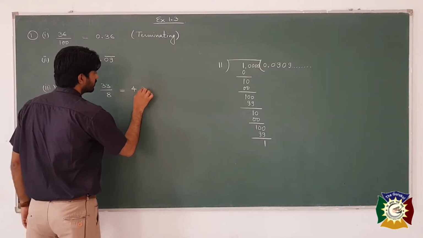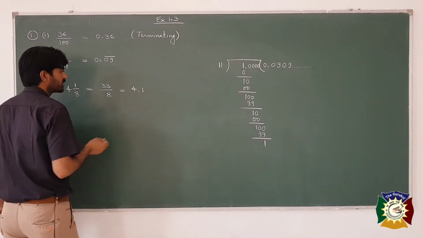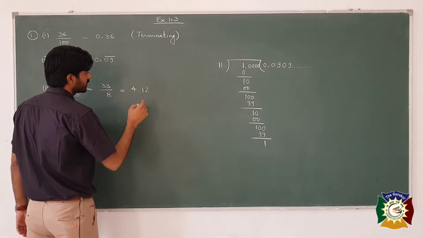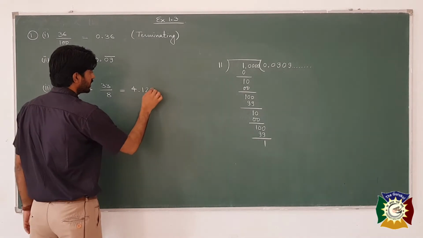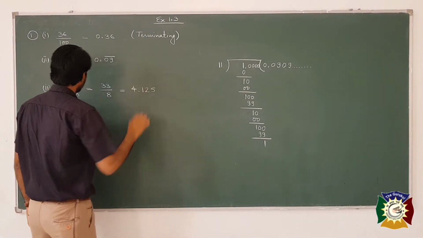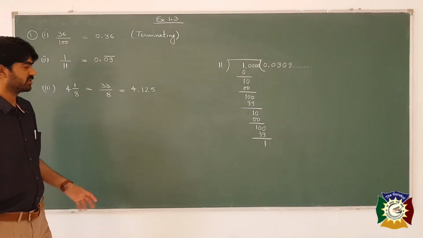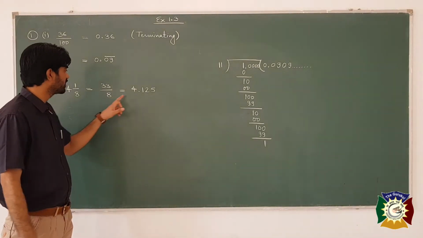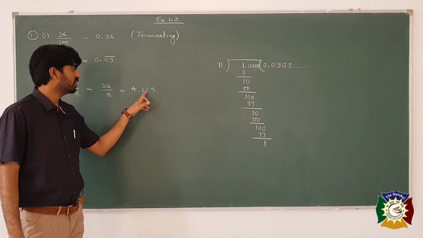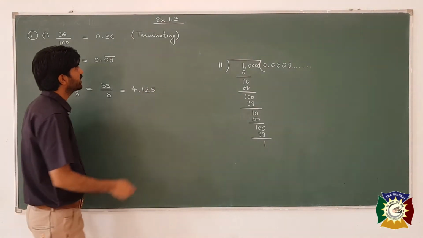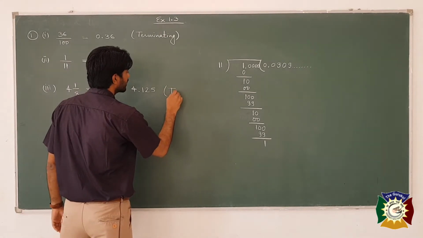Then 8 1s are 8, then 2, then 8 2s are 16, then remainder will be 4, then 8 5s are 40, and the remainder will become 0. So the decimal expansion for this is 4.125, and it is terminating.